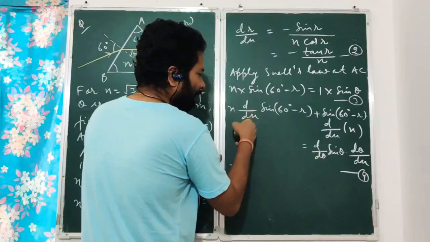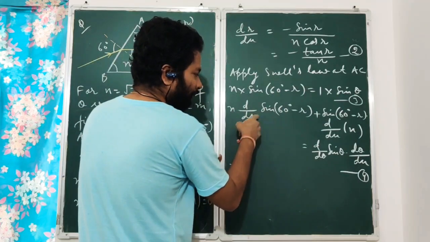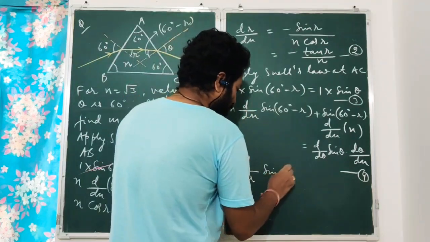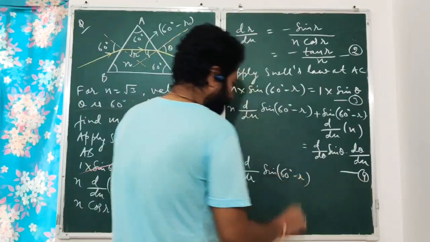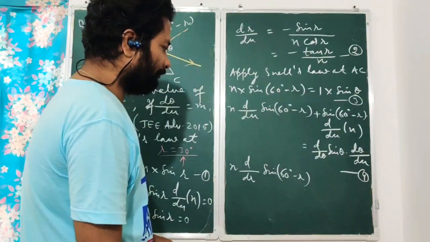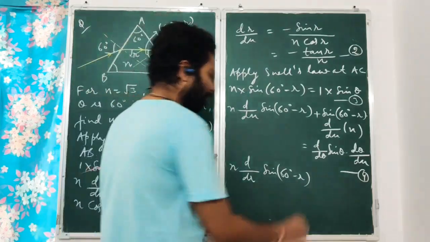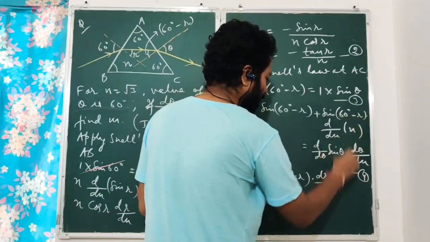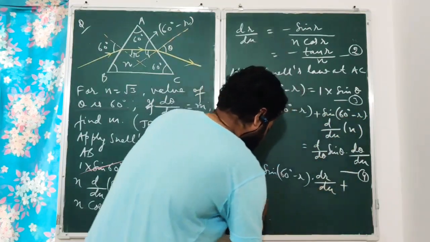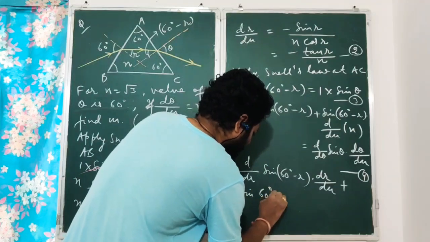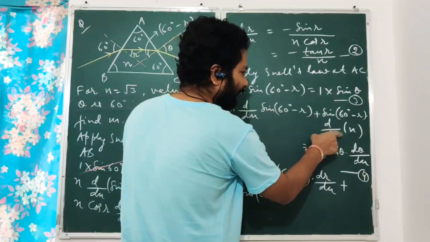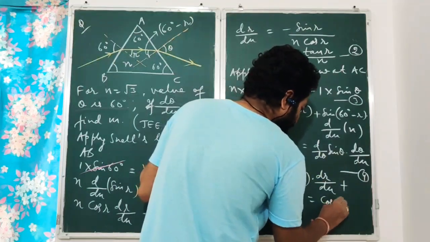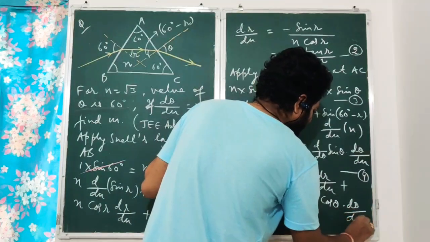So n into d by dn. Instead of d by dn, we can differentiate with respect to r. So d by dr of sine of 60 degrees minus r into dr by dn, plus sine of 60 degrees minus r and d by dn of n, which is 1, that is equal to d by d theta of sine theta, which is cos theta, into d theta by dn.